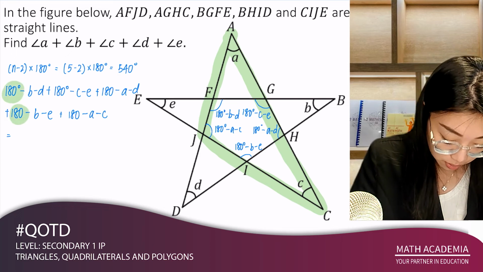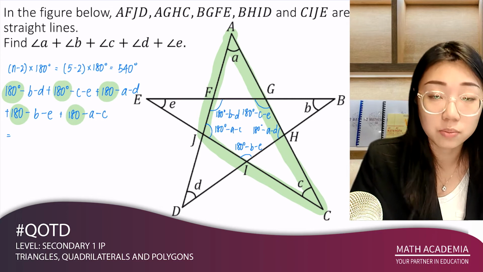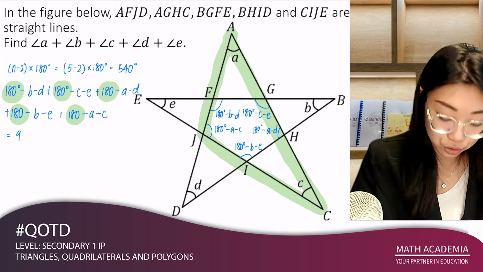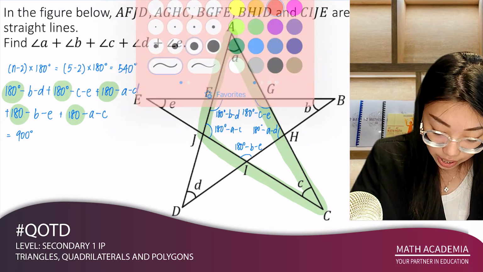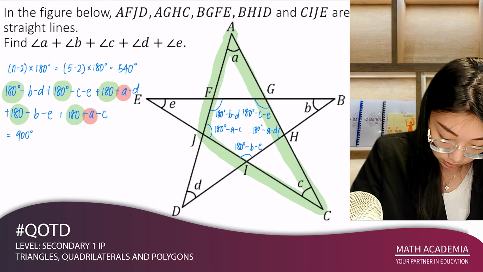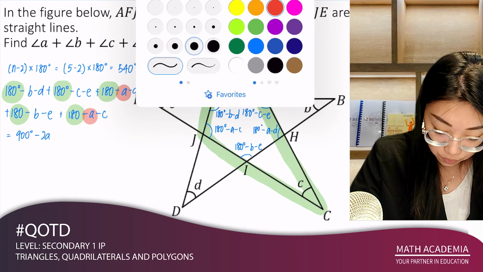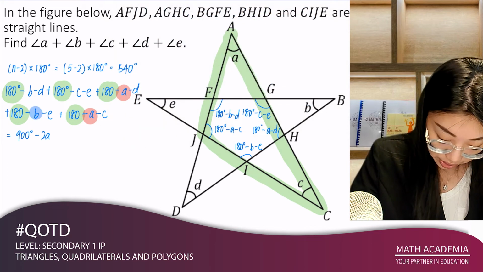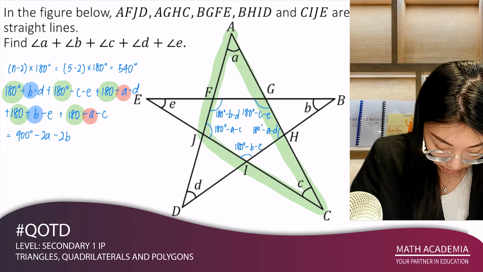So I have 5 terms of 180. 5 times 180, I will get 900. Next, I have 2 terms of A, so minus 2A. I have 2 terms of B, so minus 2B.